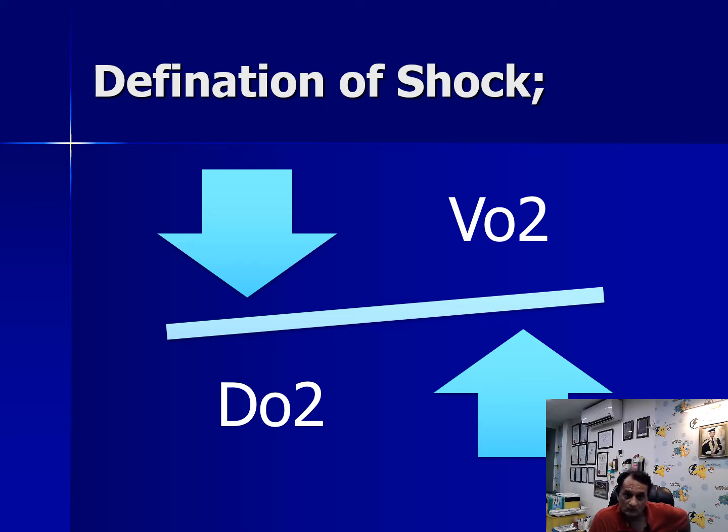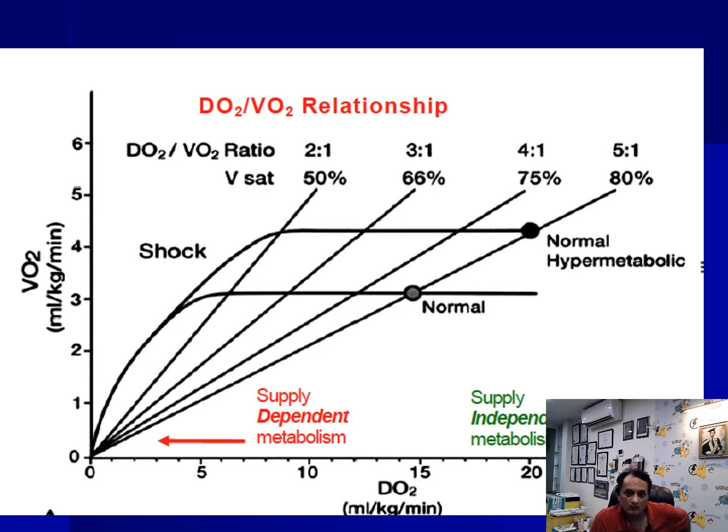Normally, there is 5 times more oxygen delivery as compared to oxygen consumption. In this slide, you can see on the x-axis there is oxygen delivery, and on the y-axis there is oxygen consumption.